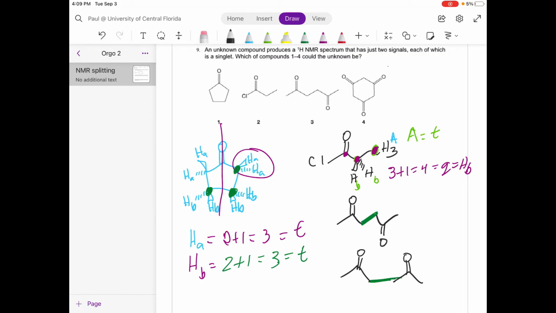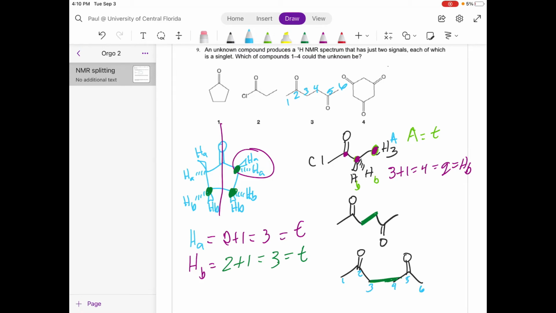Okay, you see something there? So let's connect that. Let's make sure we have the carbon count correct. 1, 2, 3, 4, 5, and 6.